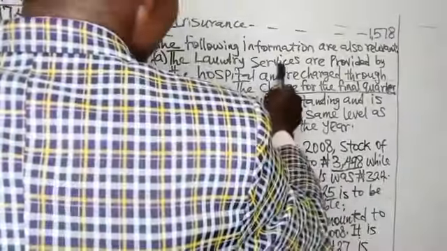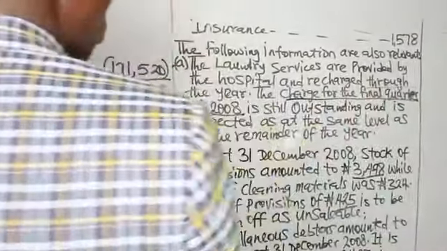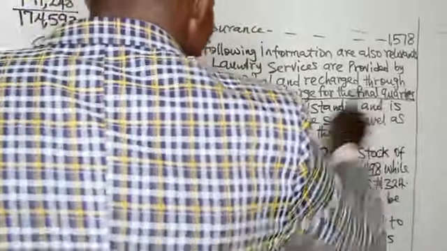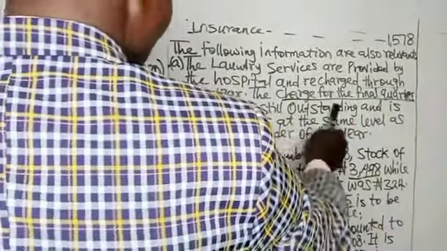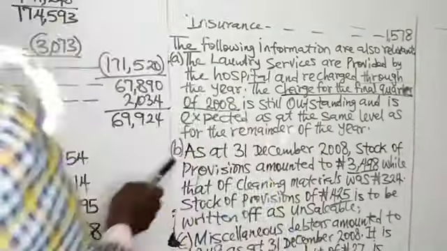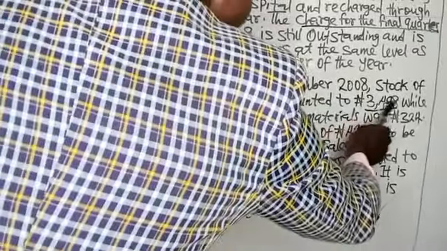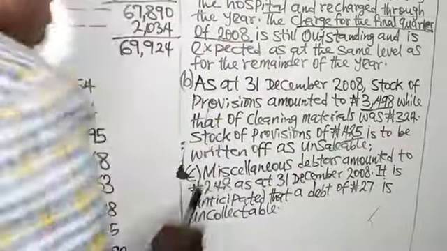The laundry services are provided by the hospital and recharged through the year. The charge for the final quarter, okay, these have been considered. Note B. As at 31st December 2008, stocks of provisions amounted to 3498, while that of cleaning material was 324. Stocks of provisions of 425 is to be written off as unsaleable.